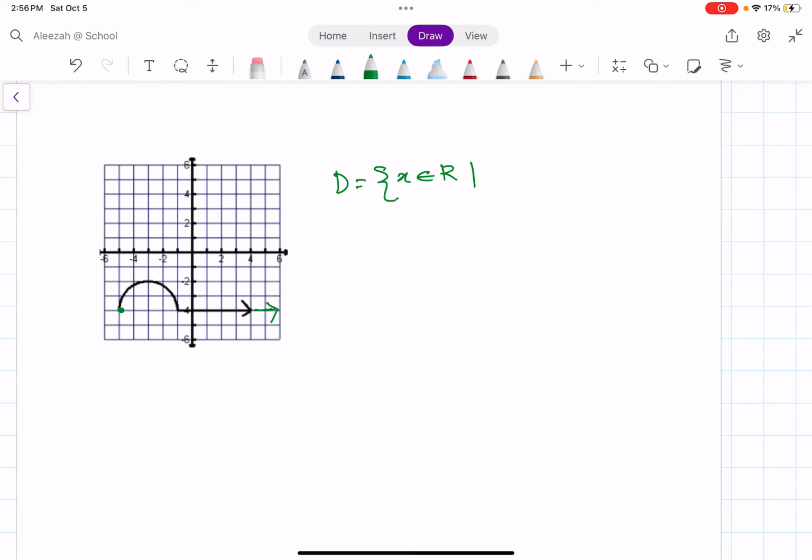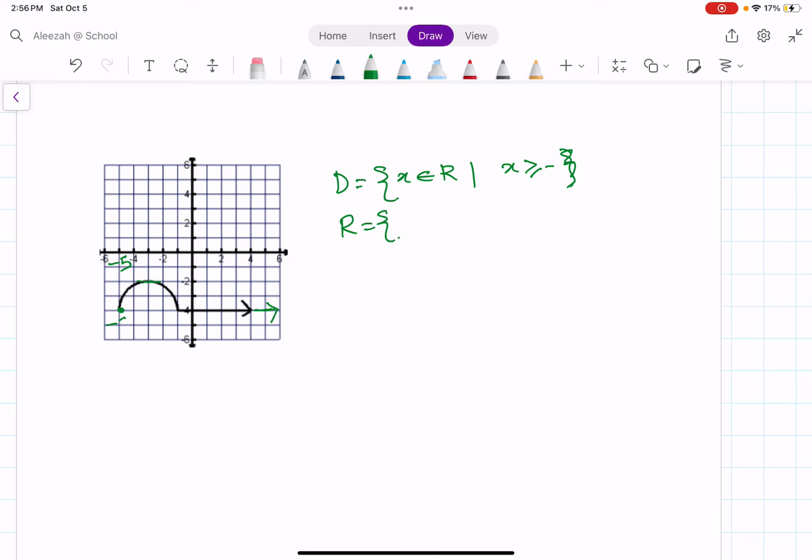At this point, my x value is negative 5, right? Here is negative 5. And my whole graph is on the right of negative 5. So the domain is x belongs to R such that x is greater than or equal to negative 5. And then we have to write the range. For range, you can see that we have a maximum and a minimum y value.